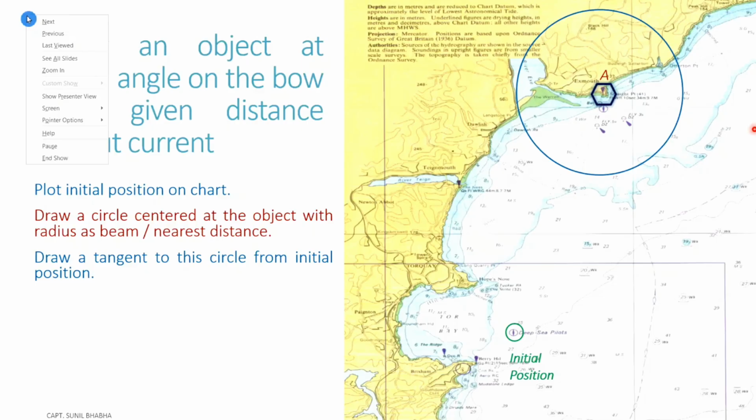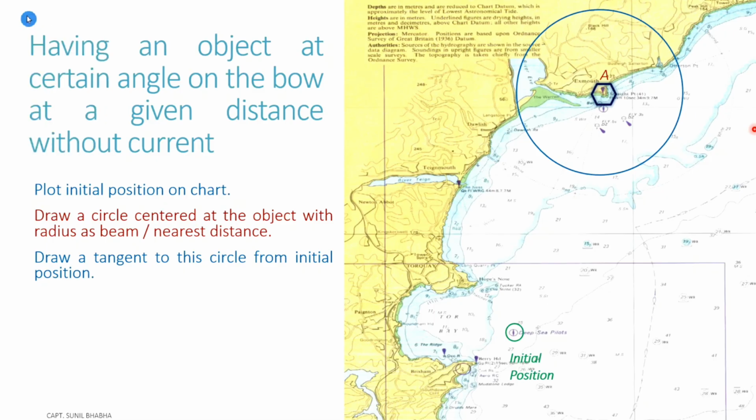Yes. Okay, so from our initial position now, moving further, I am going to draw a tangent to this circle. So from the initial position, which is plotted on the chart, I am drawing a tangent onto this circle, whose radius is the beam distance or the nearest distance.